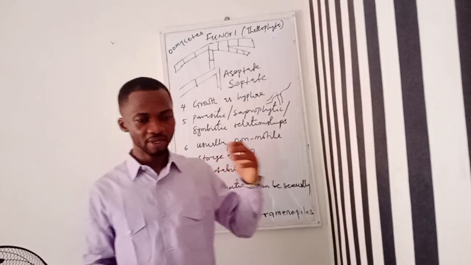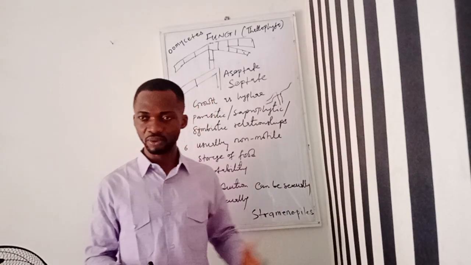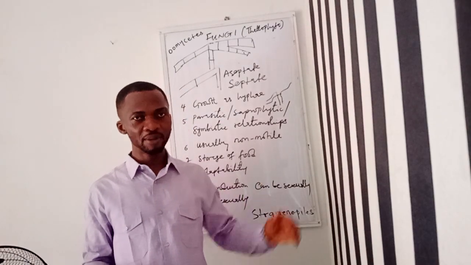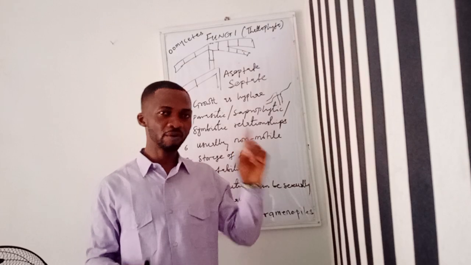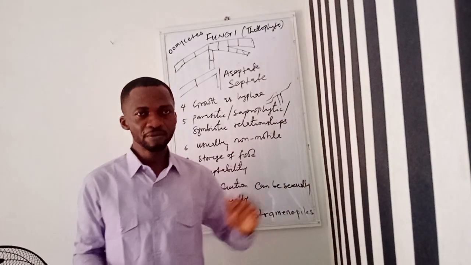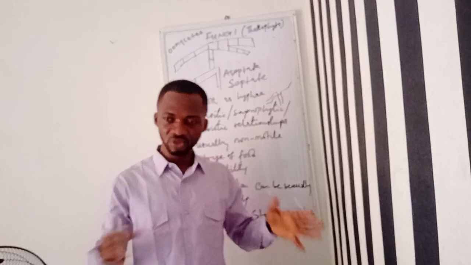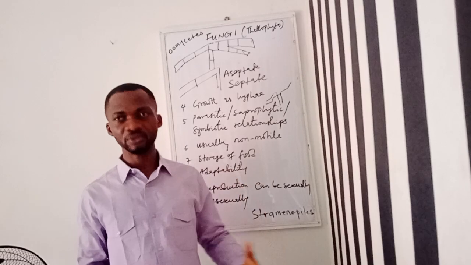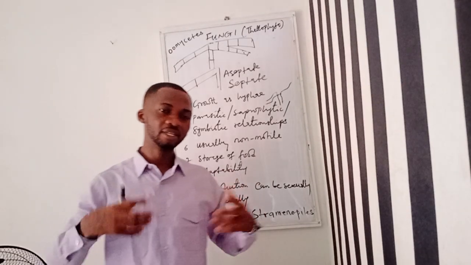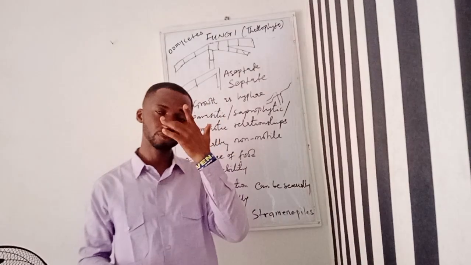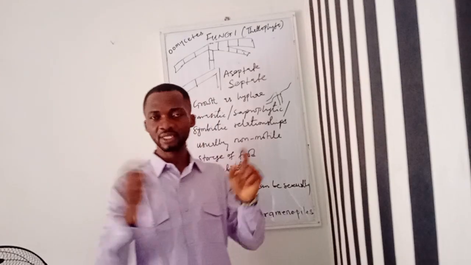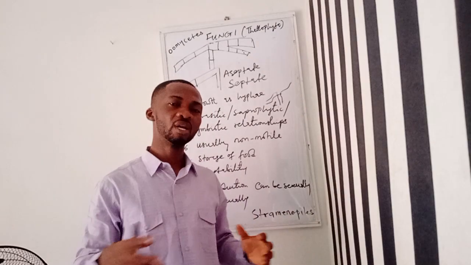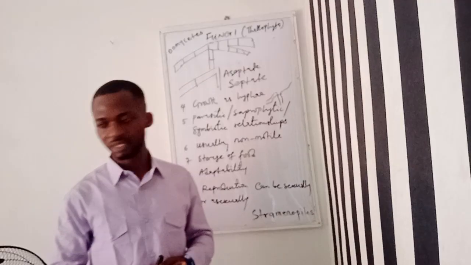The fungus helps in making nutrients available to the algae, then the algae produces food, and the fungi feed on this food. So you can see that it is a mutualistic relationship where the two organisms contribute to the success of that relationship.